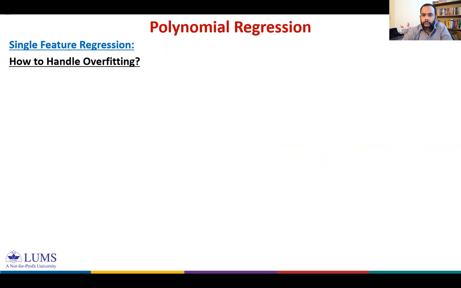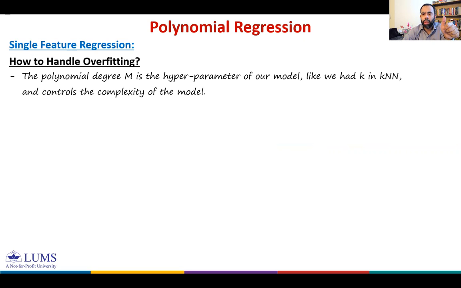So how to avoid overfitting? We talked about one solution, that is separating data into training and validation. For that solution to work, what do we need? We need more points, right? The polynomial degree is the hyperparameter of our model.